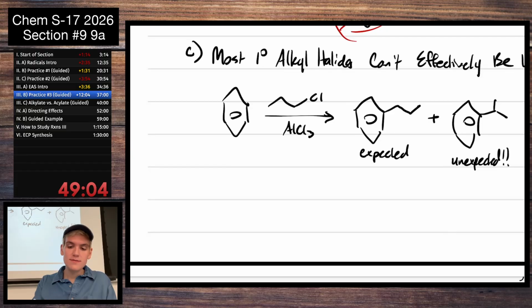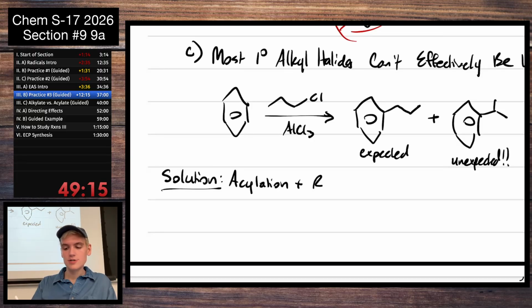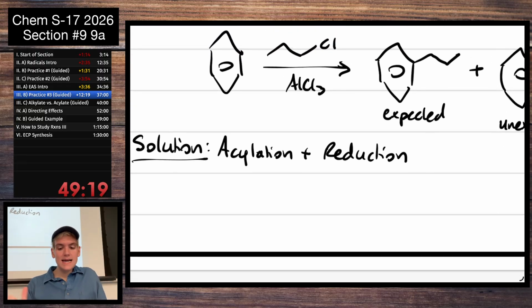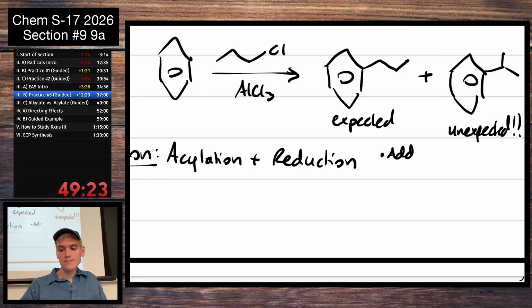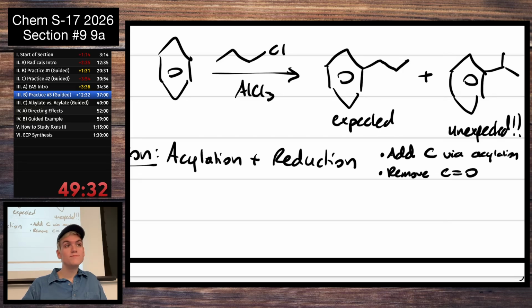And the solution that we can do, and it's the last thing here, is we can do an acylation with a reduction. So the key idea is you add your carbons via acylation, and then you remove the carbonyl.